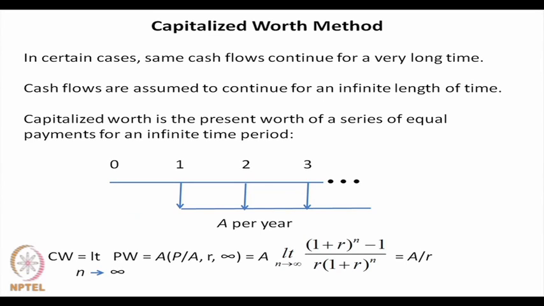Now, we introduce yet another method called the capitalized worth method or CW method. In the capitalized worth method, we assume that an equal payment or receipt is made for a very large number of years, particularly, let us say, government projects which are very long duration projects: a dam, a bridge, a road, and similar such projects which require large investment and which have a very long life.